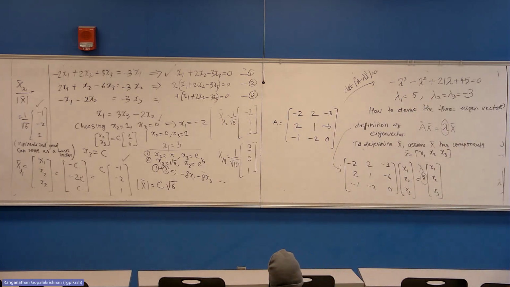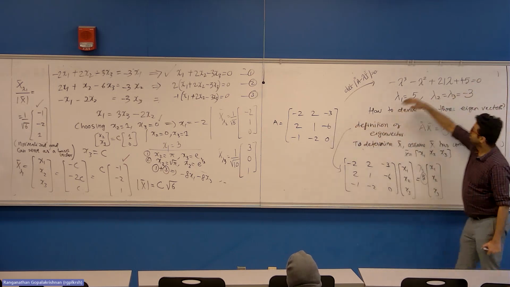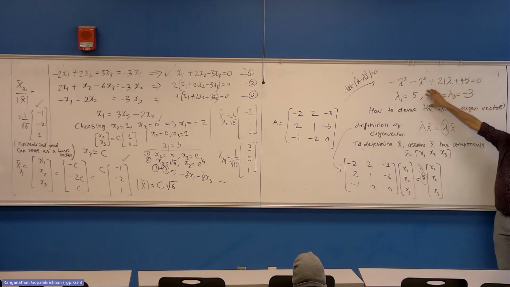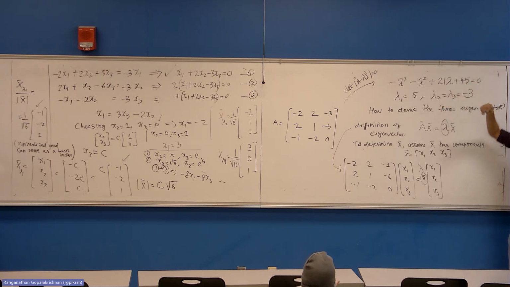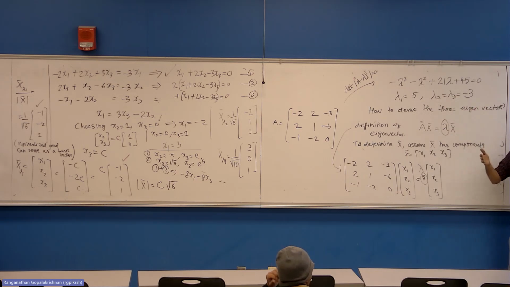So the moral of the story is, you take any matrix which represents a tensor, reduce it to the characteristic equation, and obtain the roots of the characteristic equation, which will be either all 3 distinct, 2 distinct and 1 similar, or all 3 the same.